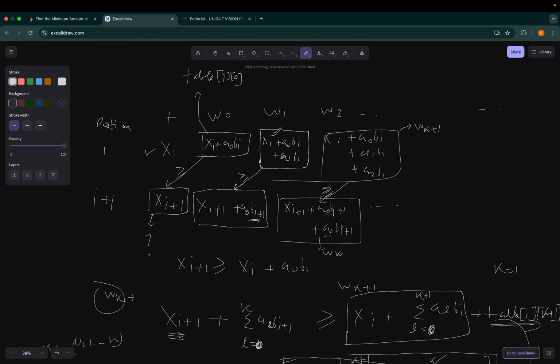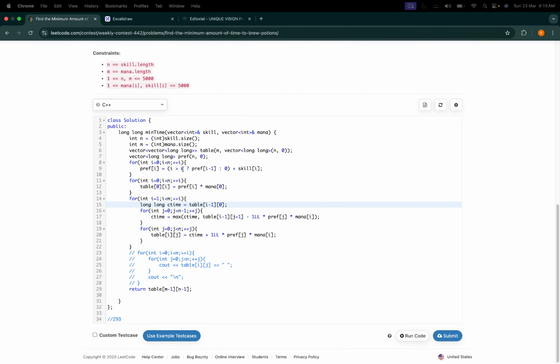Because I minus 1, 0 is basically nothing but table of I 0, right? I am doing a backward DP, so I can calculate I from I minus 1, right? So that's your current time, because xi, this is your initial condition, right? That's why.